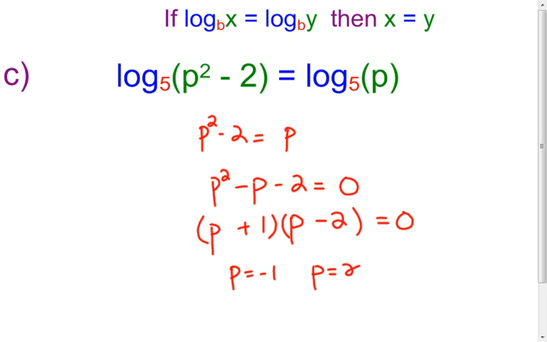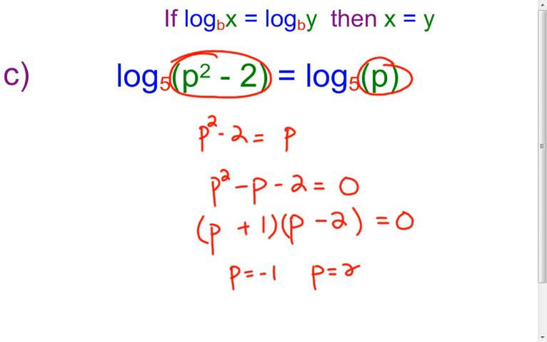Okay? And here's the deal. You cannot take the log of a negative number. So this part right here cannot be negative. This part right here cannot be negative. So here's the problem. When I plug in on either side, they can't be negative on either side.